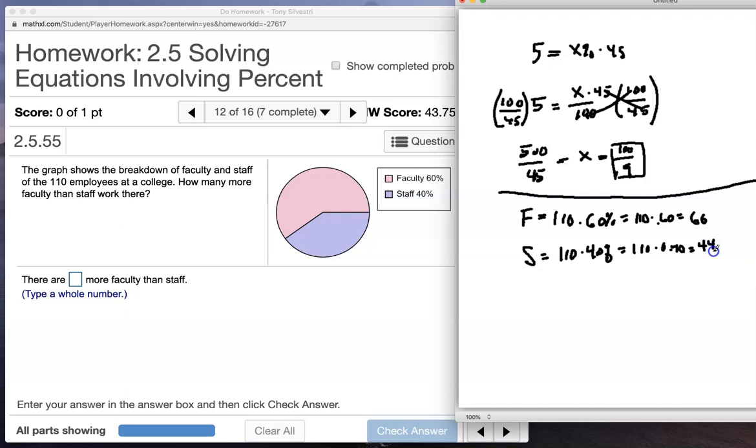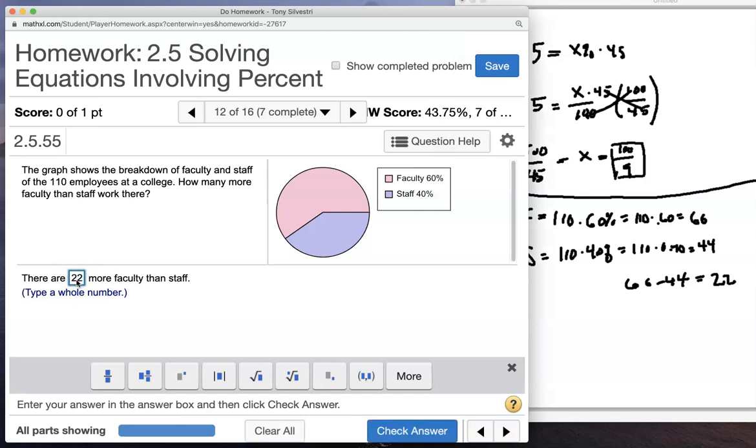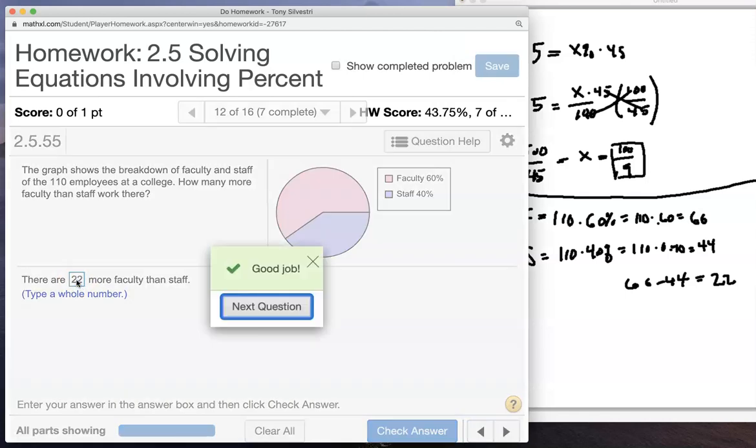Okay, we got the problem. So how many more faculty than staff do we have? Well, we have to say 66 minus 44, which equals 22, which is the number I'm going to put there because that represents how many more faculty you got. Great job.